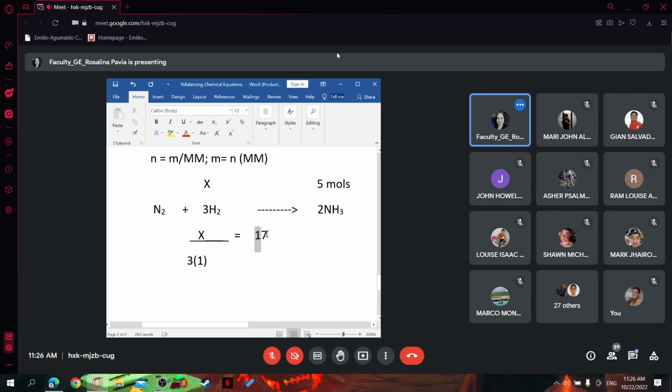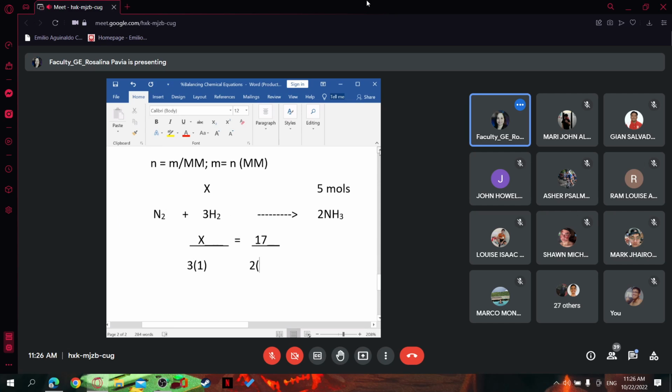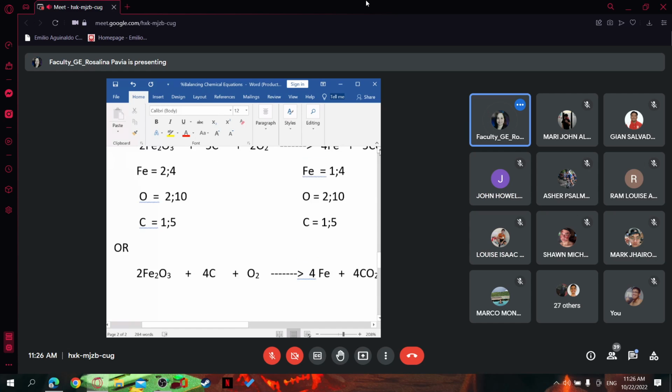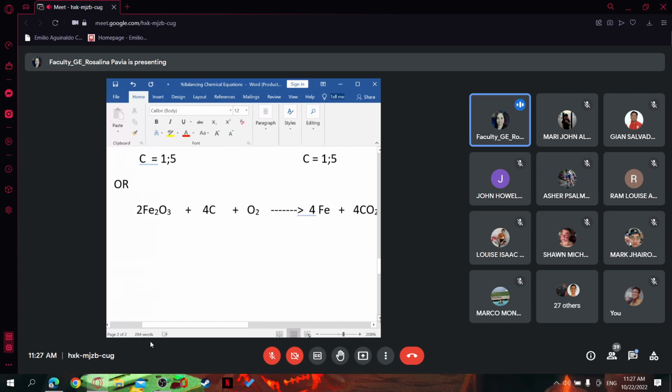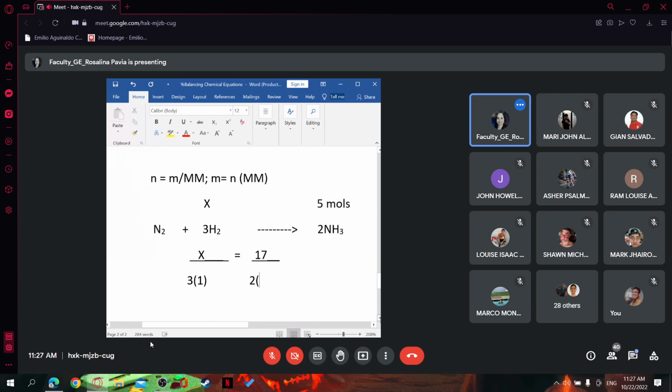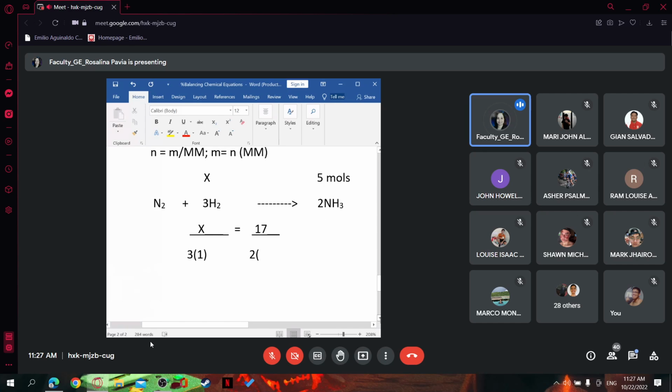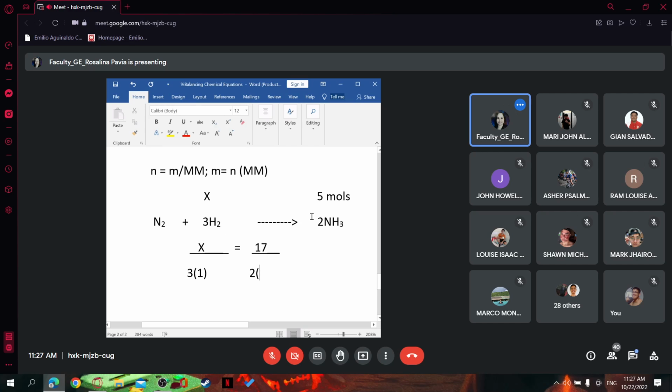Over coefficient is 2 times. Ay, wait lang. Saan na yun kanina nawala? 5 times 17.